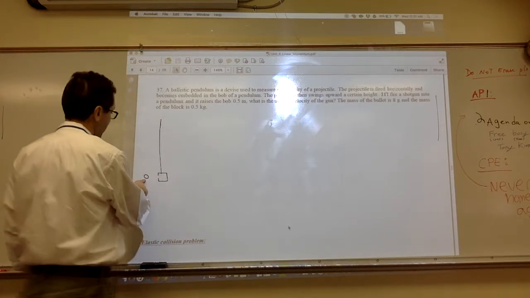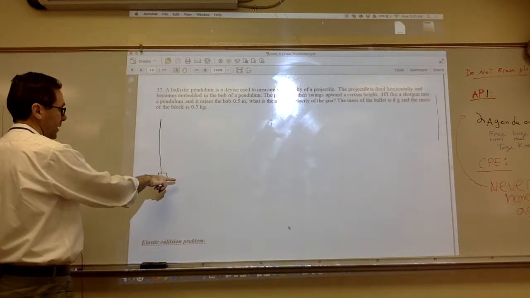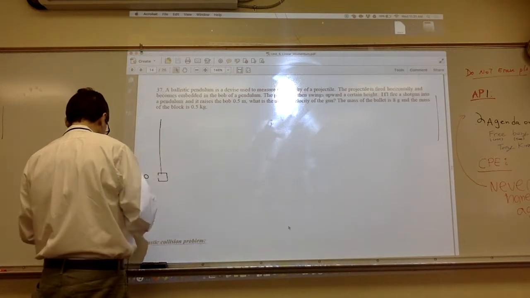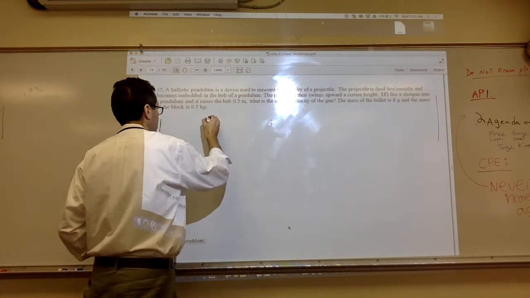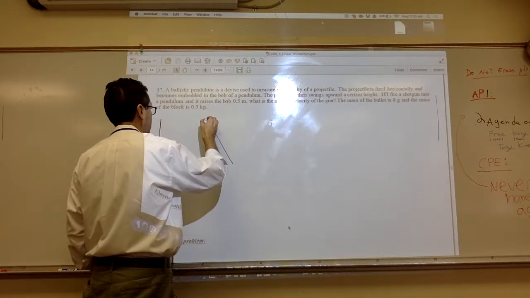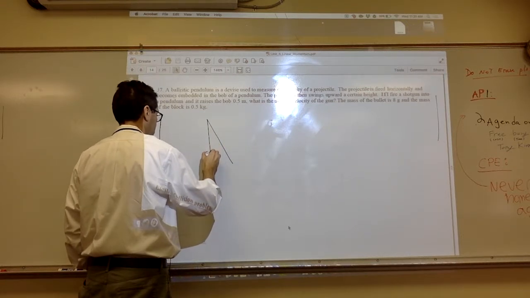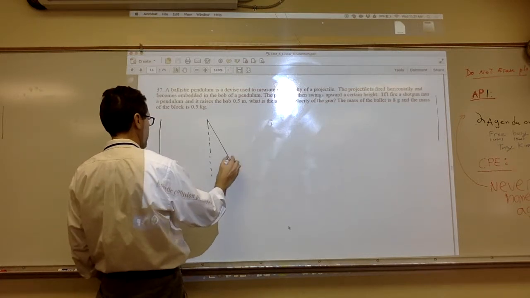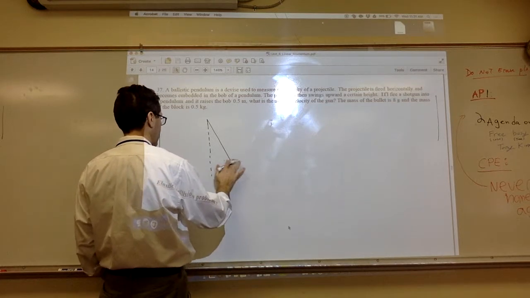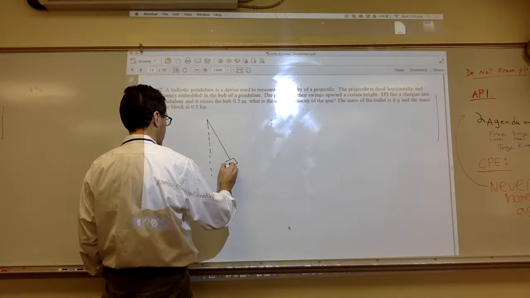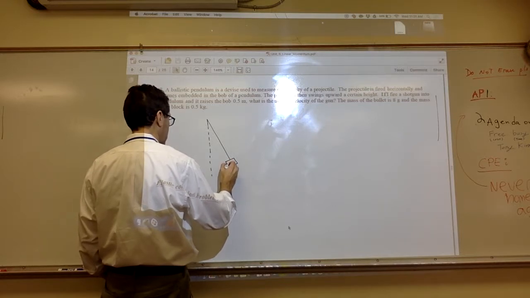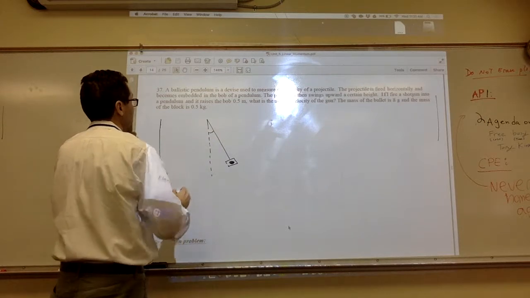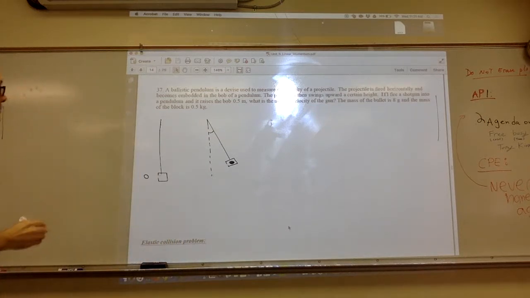When the ball goes inside that block, it gets stuck in there, and the pendulum swings to a different height. It swings up to, let's say, here, this time with the ball stuck inside, and there is a certain angle here.